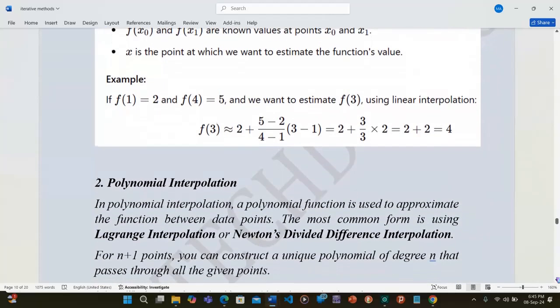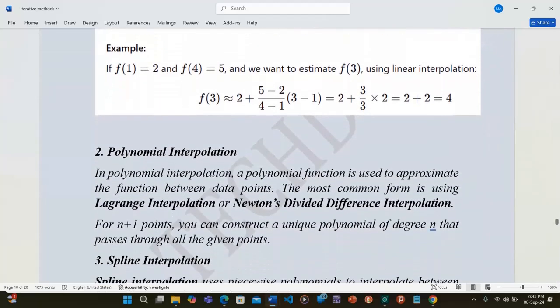So if at all you're given such a problem, if we want to estimate f of 3, we just use the above equation and substitute in here.